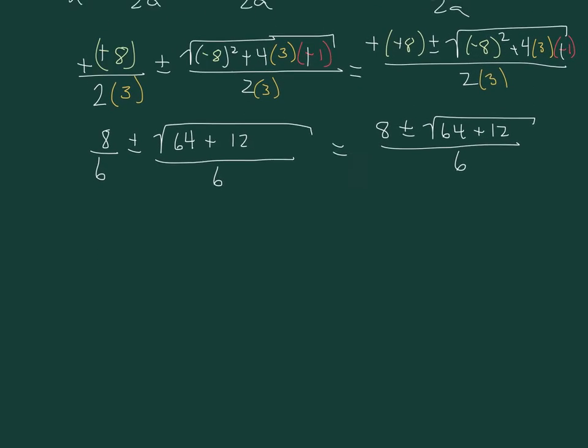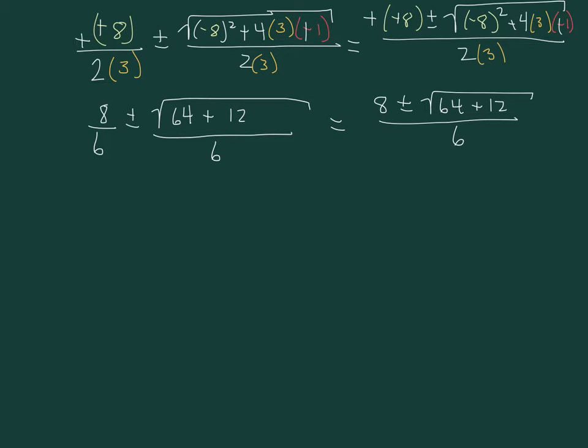Let's continue on. 8 and 6 are both divisible by 2, so I'm going to get 4/3 here, plus or minus the square root of 64 plus 12, which is 76, all over 6. That's equal to 8 plus or minus the square root of 76 over 6.